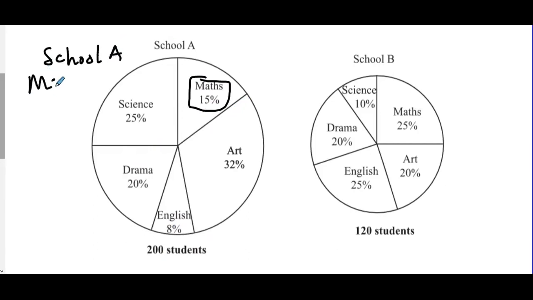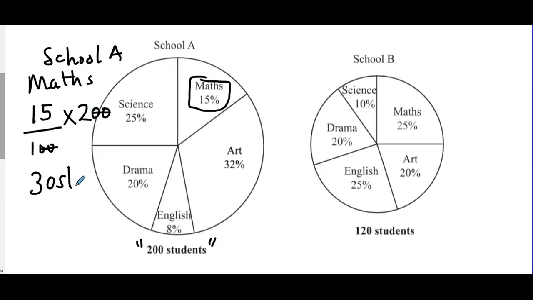For maths, we want to know the number of students who prefer maths in school A. So you're gonna do 15%, meaning 15 over 100 multiplied by the total number of students, which is 200. When you do that, this will cancel, and 15 times 2 will give you 30 students who like maths for school A.